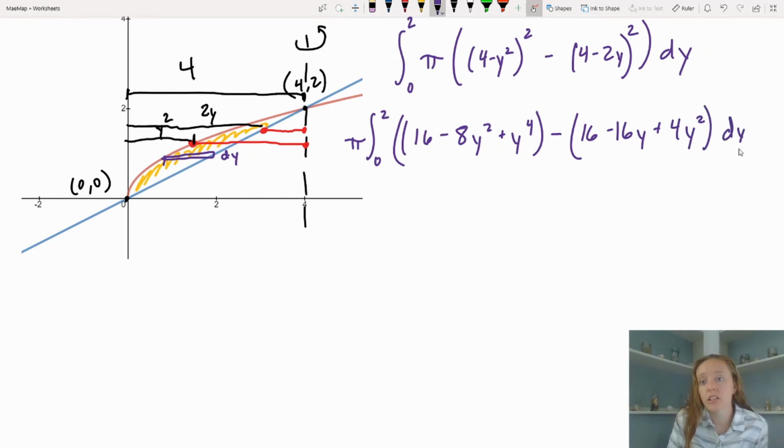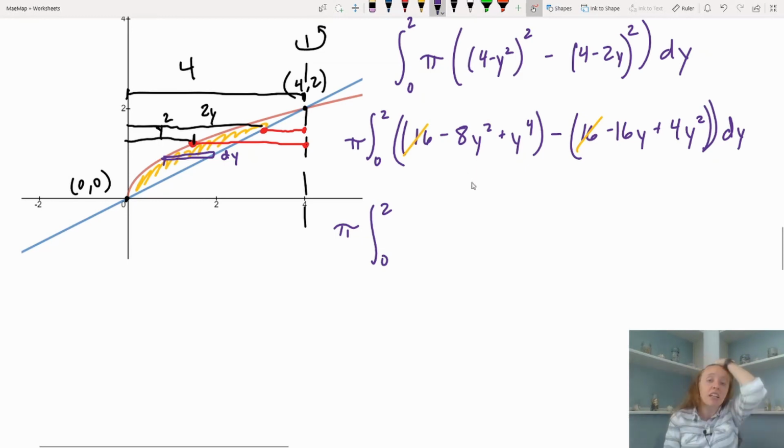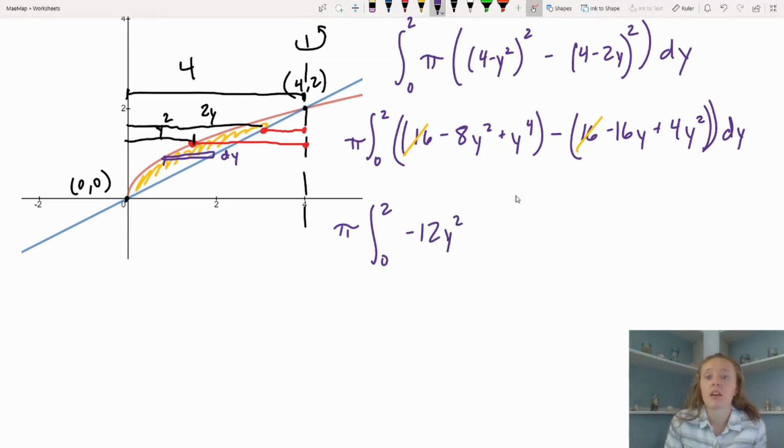And that's all integrated with respect to y once I simplify it down. So we'll have pi going from 0 to 2. You can see that my 16s will cancel out. And the only other thing that will help me simplify down is combining my negative 8y squared and subtracting 4y squared. So that'll be a negative 12y squared. And then I'll add my y to the 4th and subtract a negative, so I'll add that positive 16y.